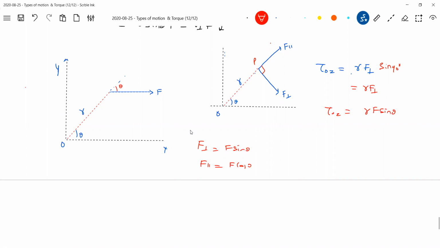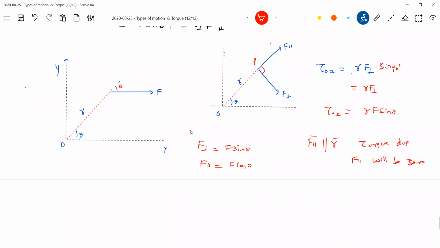Both are the same, no? What about torque due to F parallel? It will be 0 because F parallel is parallel to R bar. So torque due to F parallel will be 0.